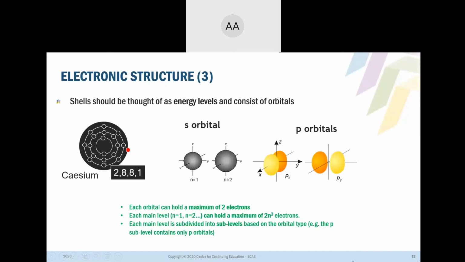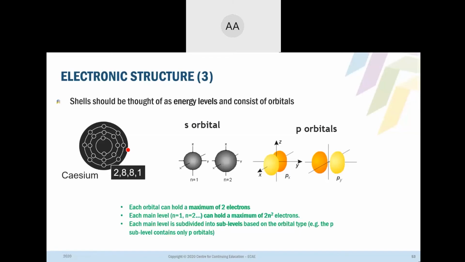Each main level is subdivided into sublevels based on the orbital type, e.g. the P or the S.